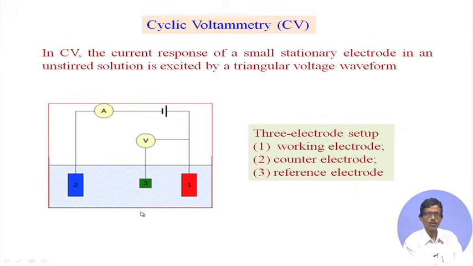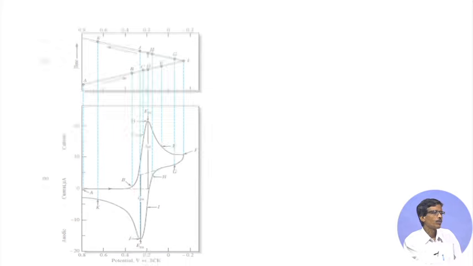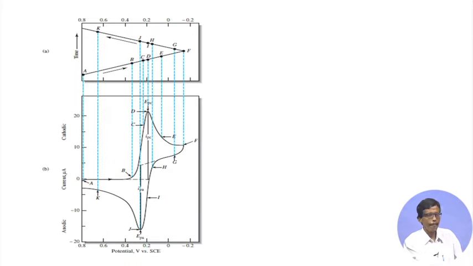All 3 electrodes are inserted within the solution, which is electroactive in nature, and you have 2 electrical circuits. One circuit is measuring your potential, that means the voltage V, and another circuit is measuring your current A or I. That is the most important technique we can have.